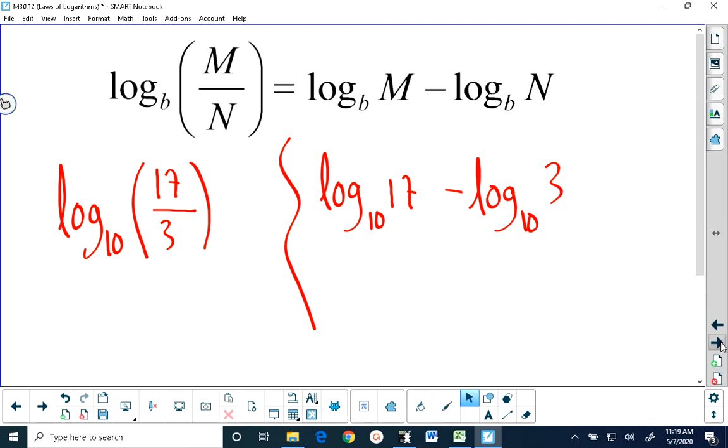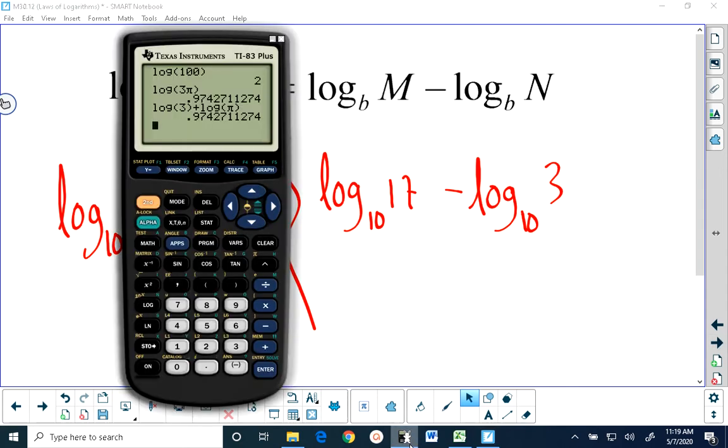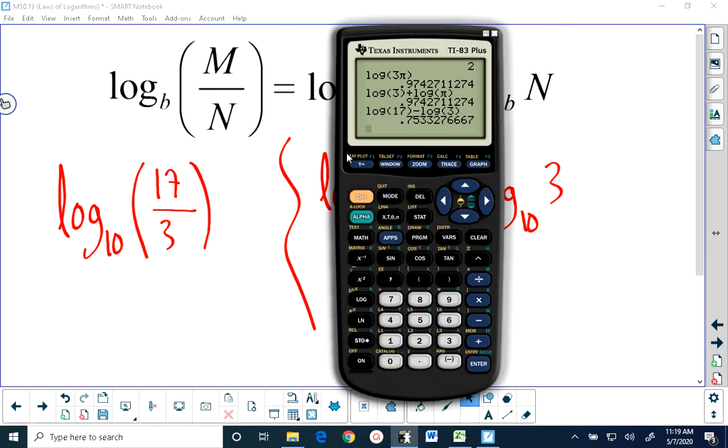Again, with the quotient law, it's important that you take the logarithm of the numerator, which is on the top of the argument, 17 in this case, and subtract the logarithm of the denominator, which is on the bottom of the argument. If I calculate log of 17 minus log of 3, I get 0.7533 something.